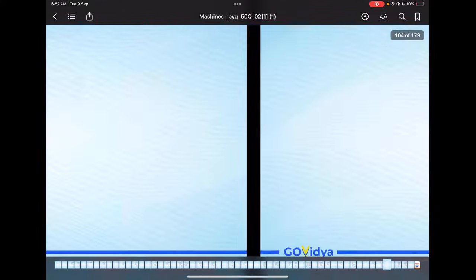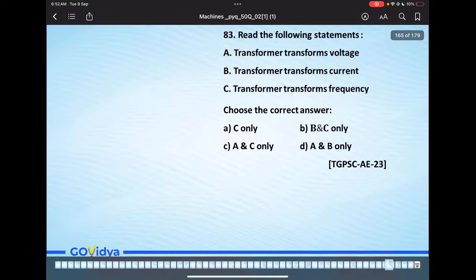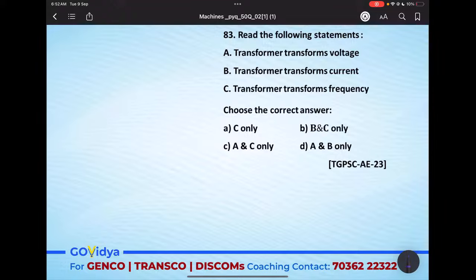The next question is about reading the following statements. Transformer transforms the voltage. Transformer transforms the current. Transformer transforms the frequency.